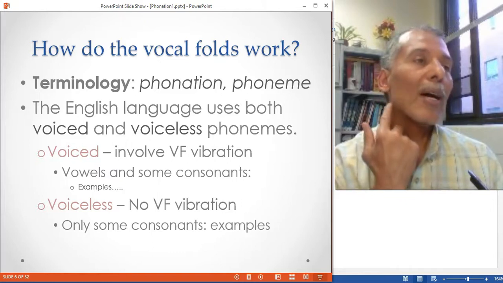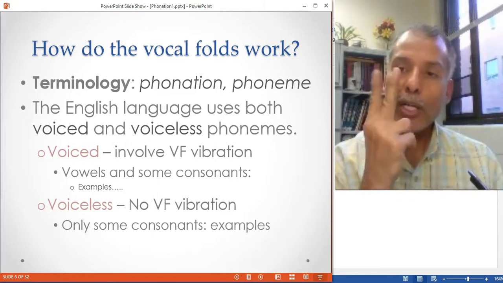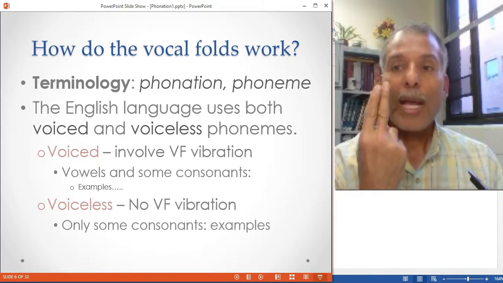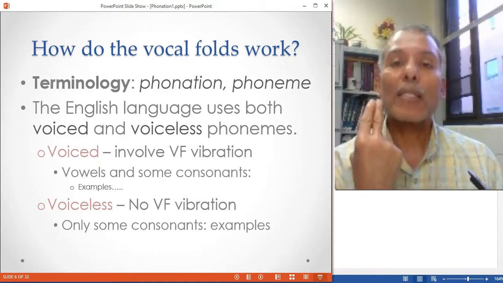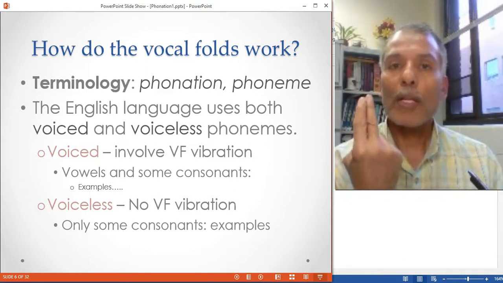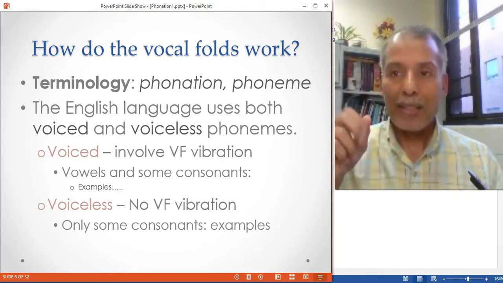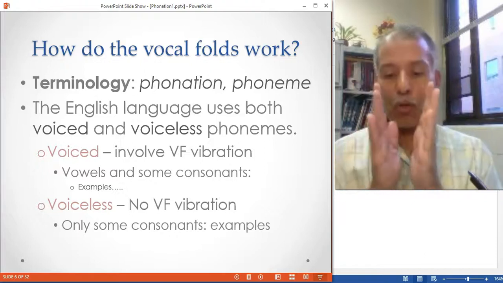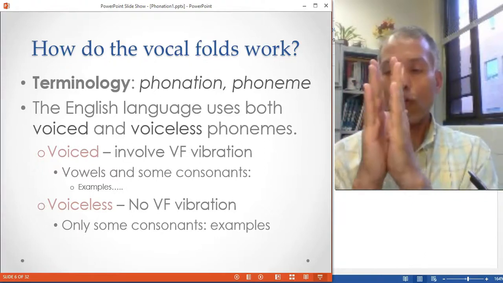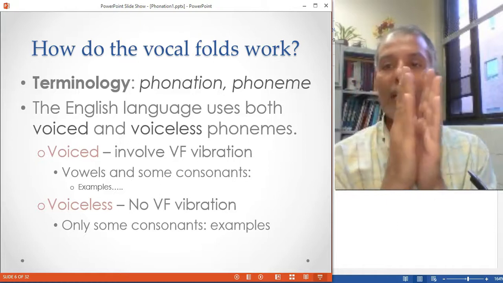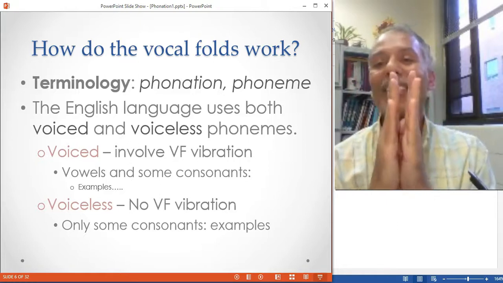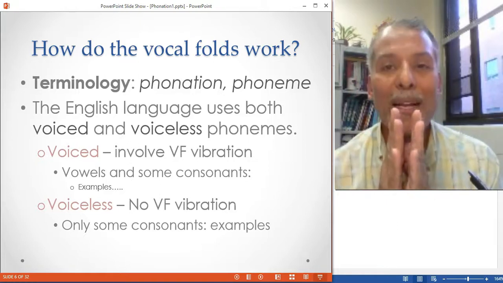And then you go down between the vocal folds themselves, and you make two voiceless sounds. The first one that you make is the h as in hand. That is like you bring the vocal folds close to each other, but they are not completely closed. They are not close enough to vibrate.